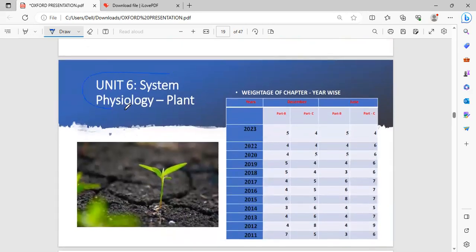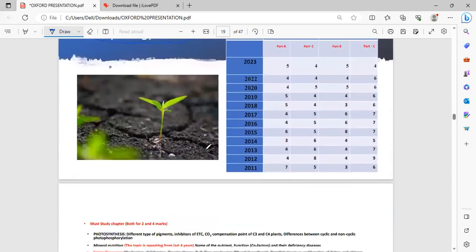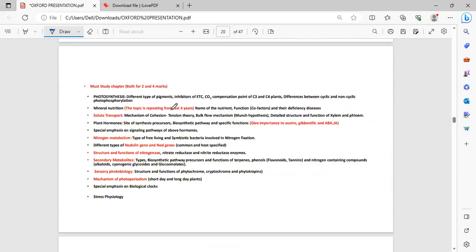Coming to the 6th unit, that is plant physiology. In plant physiology, there are so many subtopics. First one is photosynthesis, and next nitrogen metabolism. After that, secondary metabolites, and next sensory photobiology, stress physiology. After that, transport in plants.